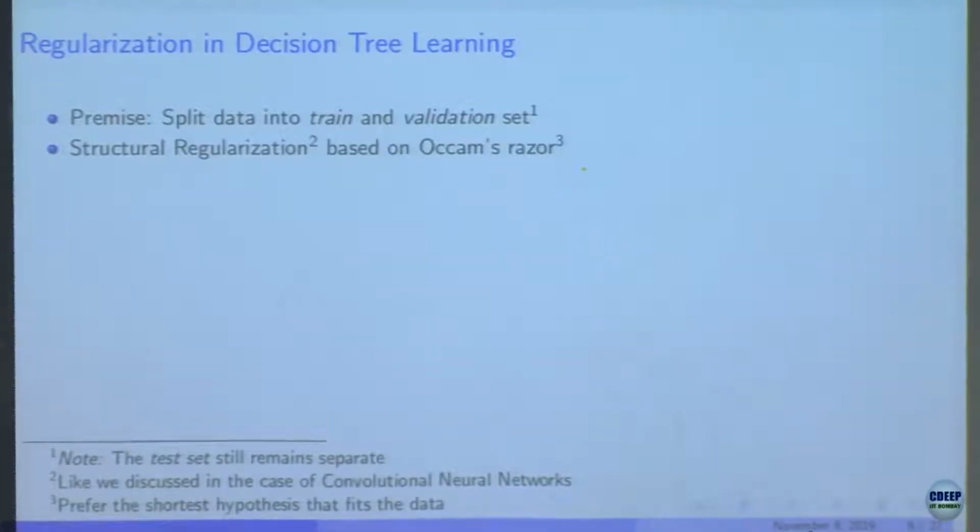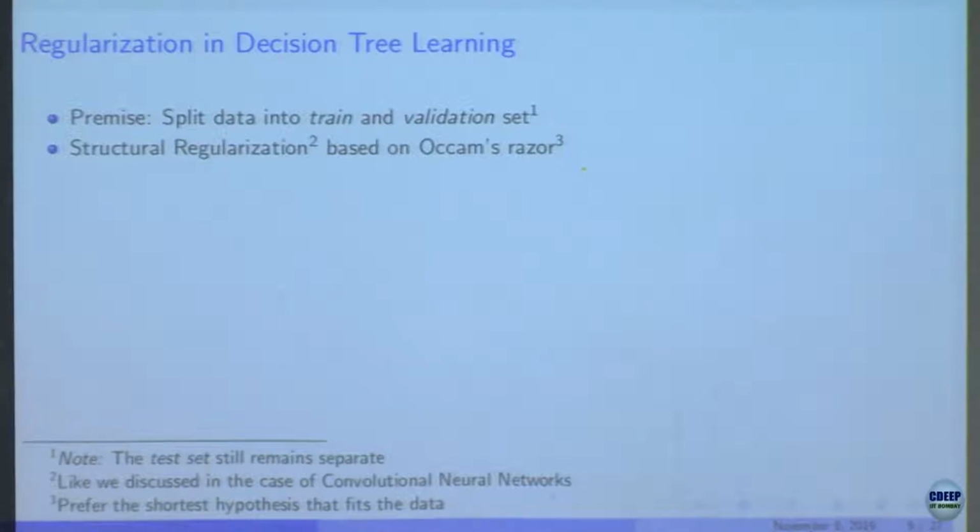Now we come to the last point of discussion here, regularization. The problem is you will keep running this algorithm, picking the feature with the maximum expected reduction in entropy, at every branch, the greedy algorithm. And what might happen in the process?